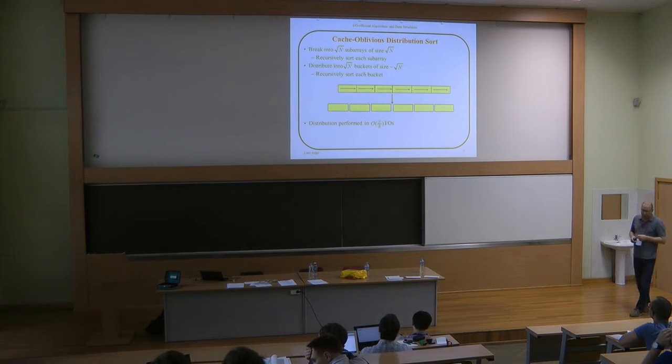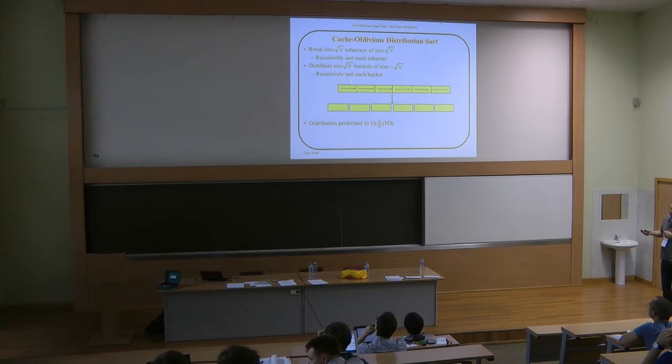Then I showed you this somewhat funny sorting algorithm. Let me just give you the idea. It's like doing distribution, but instead of m over b way distributions, which we can't do anymore because we can't use m and b, we do square root n distribution.